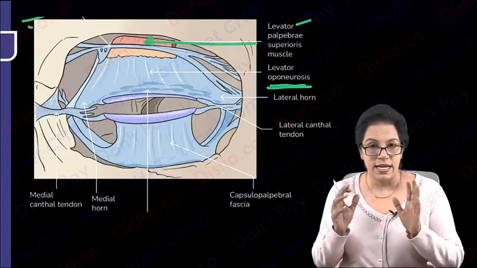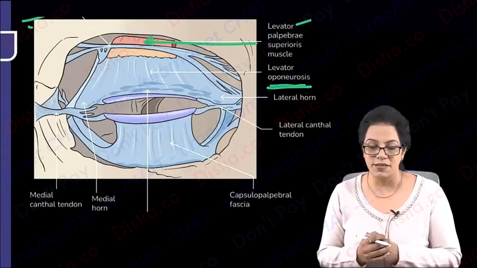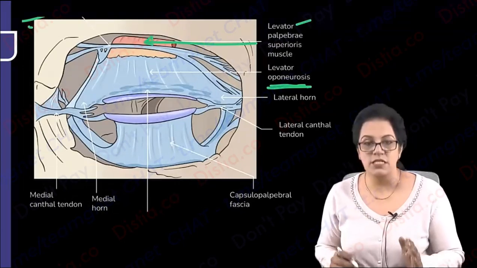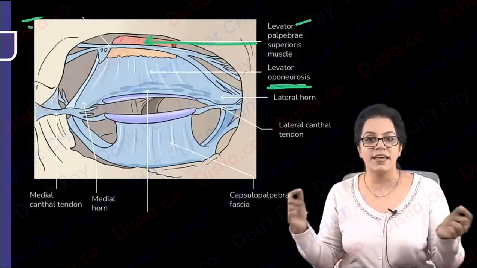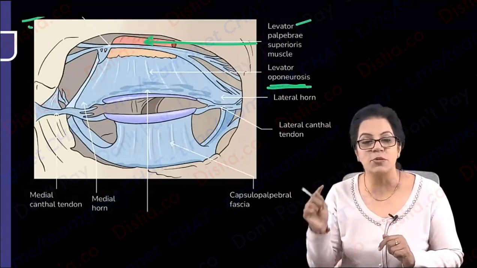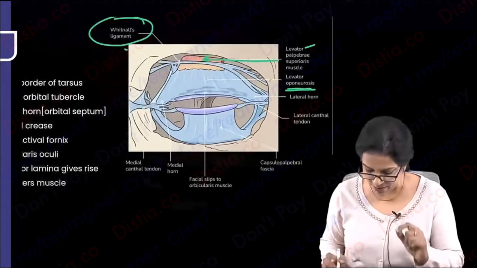Whereas it is inserting, now there are many insertions of the LPS. They ask you in detail at PG level as well. But what we will learn in a crisp manner, first listen to me how to learn. Lower border of tarsus, the two canthi, and don't forget the skin, because the lid crease is formed due to the attachment of LPS to the skin. Okay? This was one of the quickest to explain.